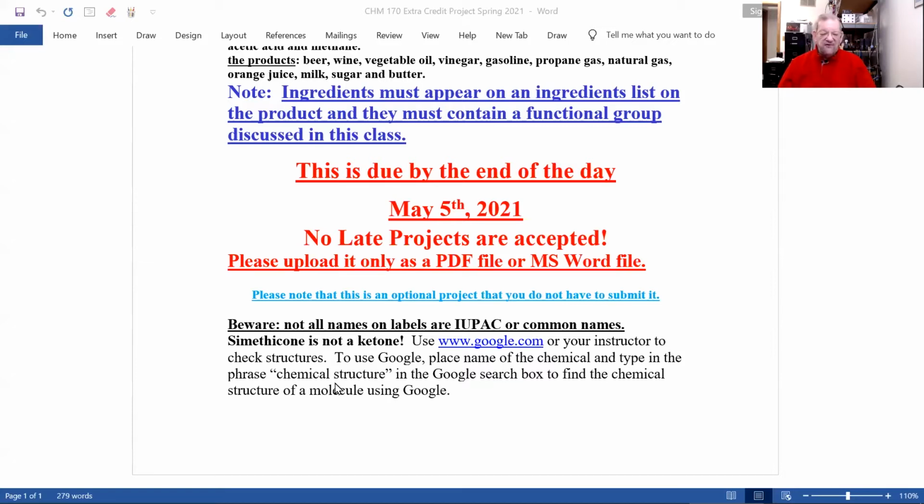And usually one of the first 3 hits on the page of Google search will be leading you to the chemical structure. Guess what? You know how to look at and identify functional groups in a molecule. That's why I play that game, circle and name the functional group, 2 points each. You'll be able to use that. Now, notice it says use Google or your instructor to check structures.